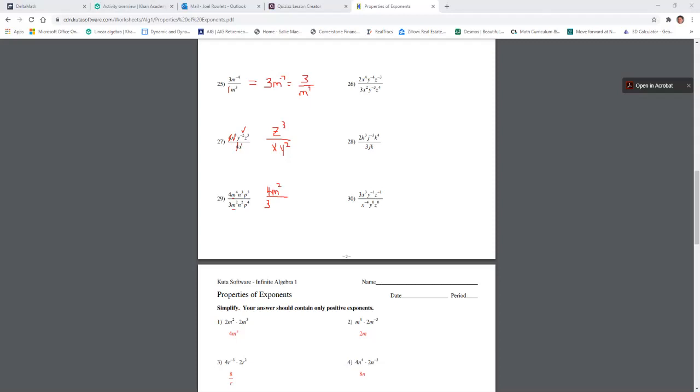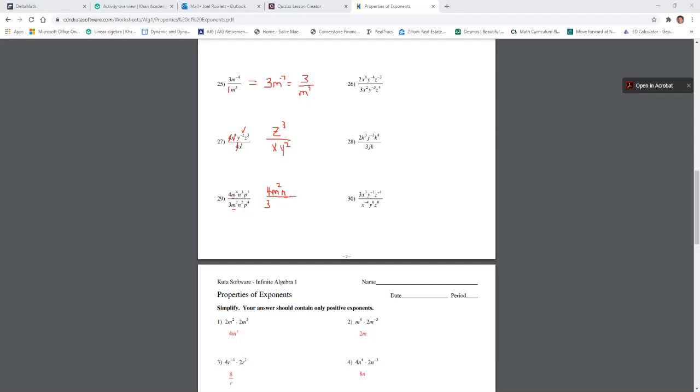And now let's take care of the n's. n to the power of 3 divided by n to the power of 2. I'm going to keep the base and subtract. 3 minus 2 is 1, so that's n to the power of 1.